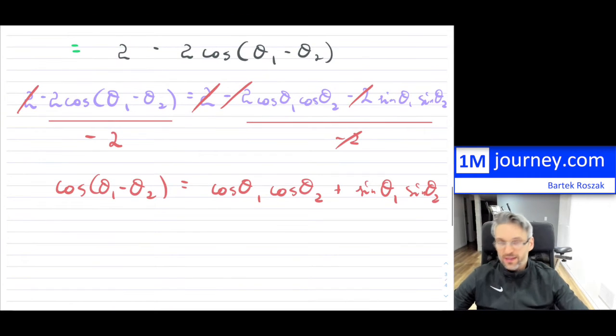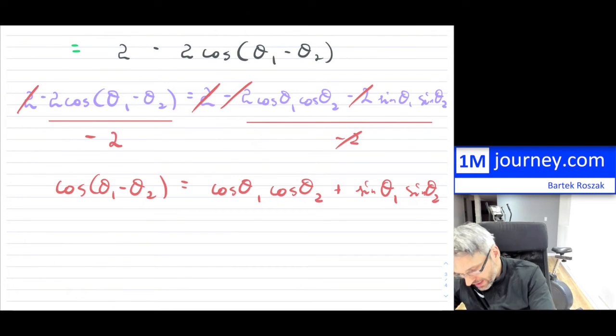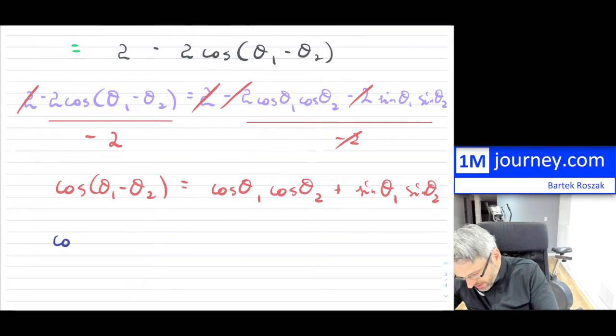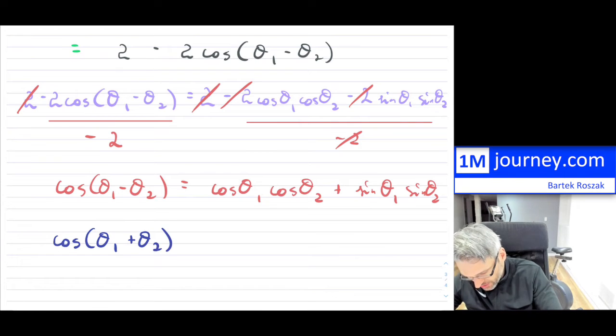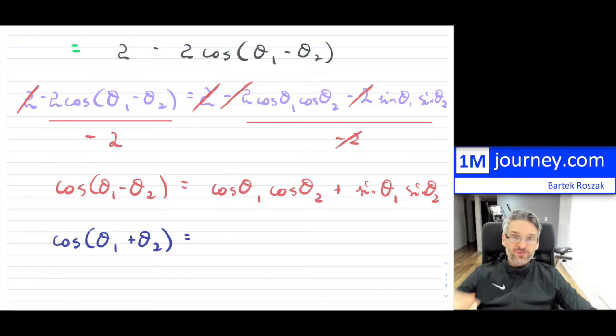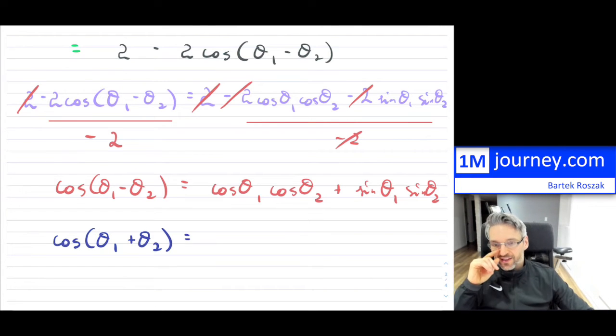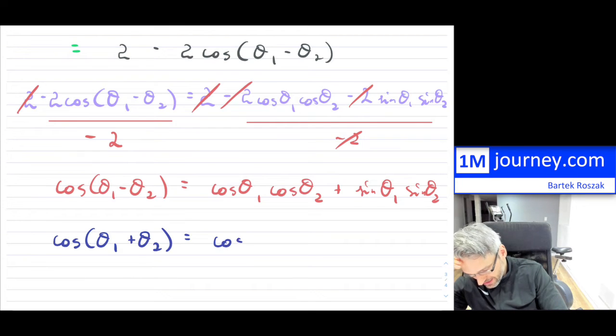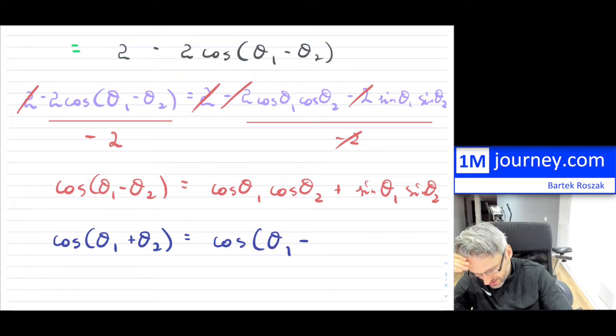That's derived. Now, the rest is actually a little bit easier. If you wanted to find out the addition one, we don't have to go through the whole process again in order to derive it, because I can manipulate it and say that theta 1 plus theta 2, I can rewrite like this: theta 1 minus negative theta 2.